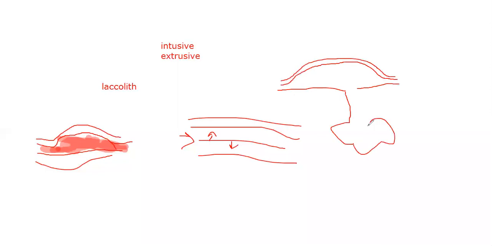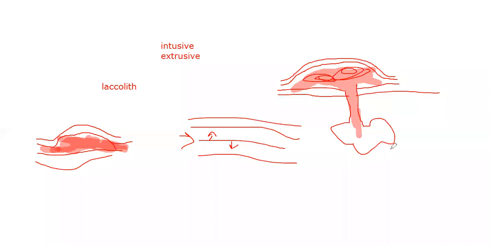Sometimes this can be the magma chamber. So it forces its way between, and then it would form a hill-like structure right here. So this would be all the magma, right?